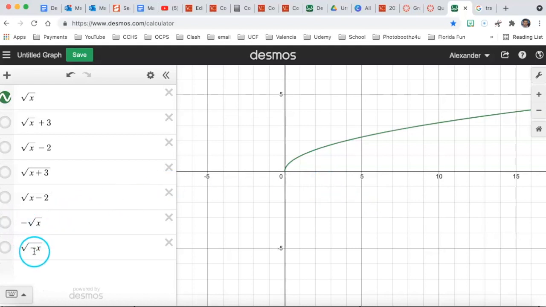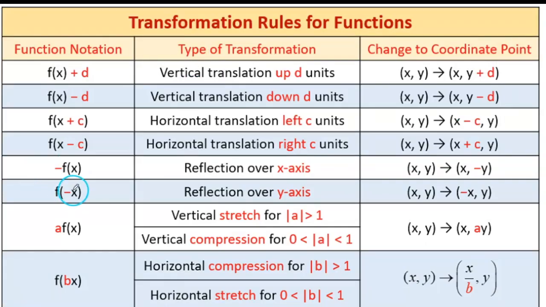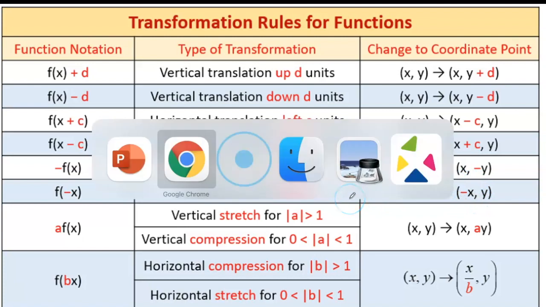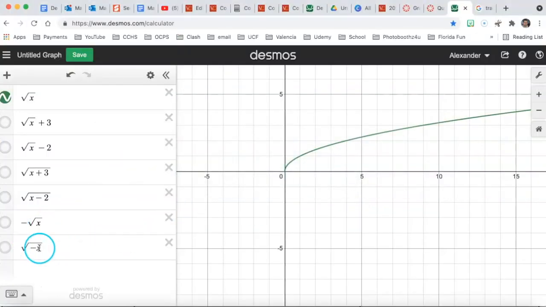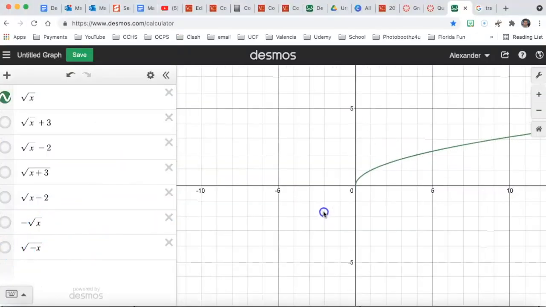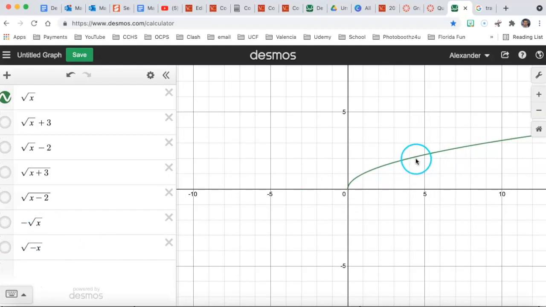Now what if I have the negative inside the function with the x? Inside the function with the x is a reflection over the y-axis. The one that changes is the x value. Let's check. Inside the function, reflection over the y. So all this will be reflected to the other side.